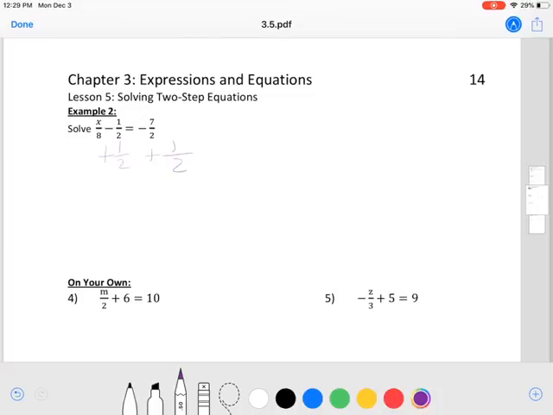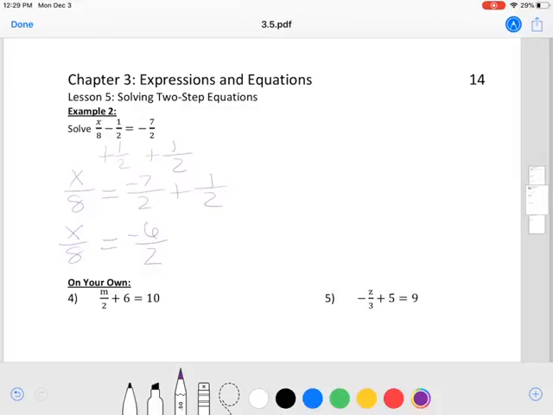So this is going to be x divided by 8 equals negative 7 over 2 plus 1 over 2. So again, I'm going to bring down the x divided by 8 equals negative 7/2 plus 1/2, or negative 7 plus 1 is going to be negative 6 over 2.